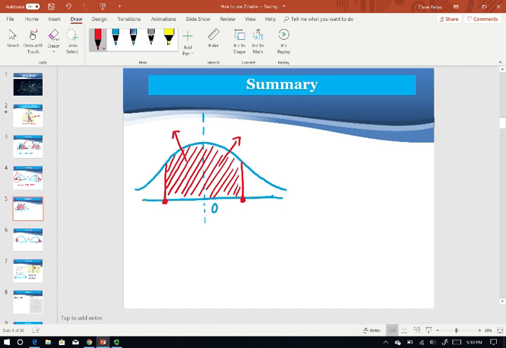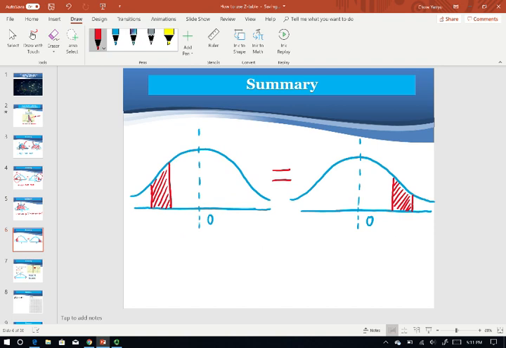So the whole area is the two areas together. So it will equal the table value for the first z-score plus the table value for the second one.